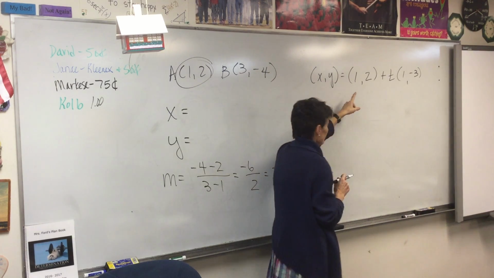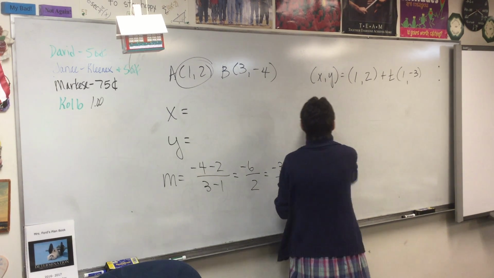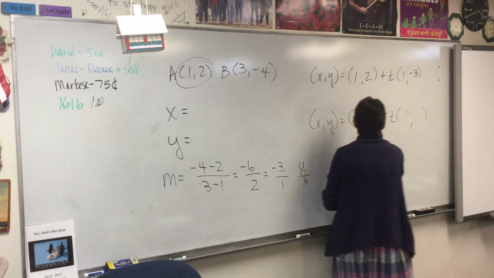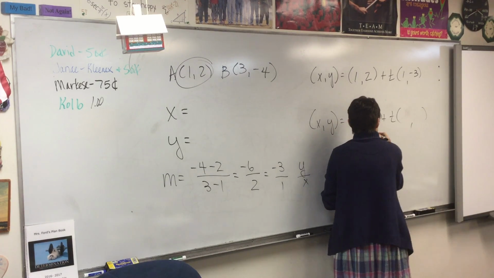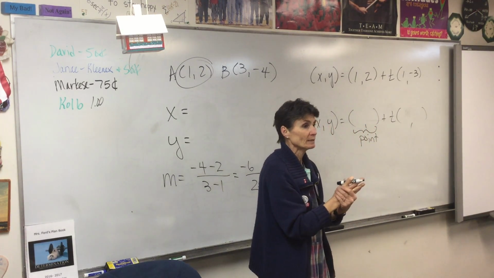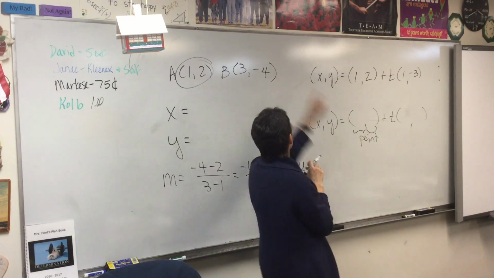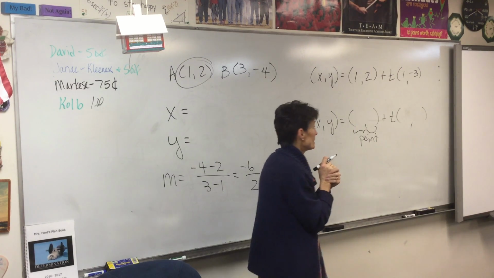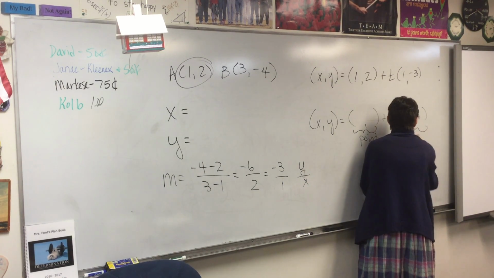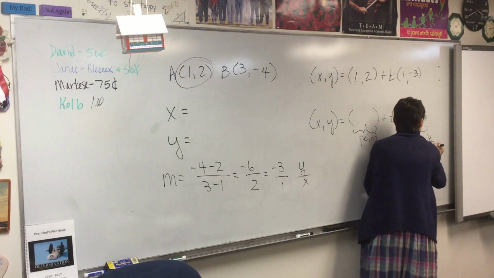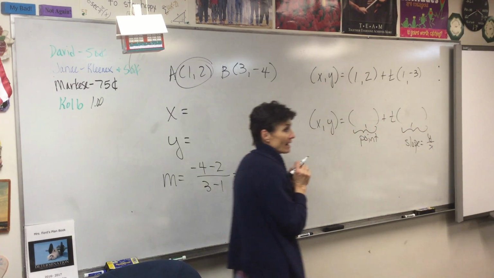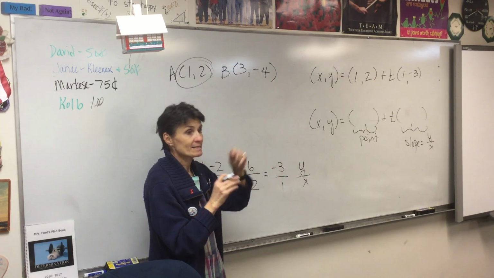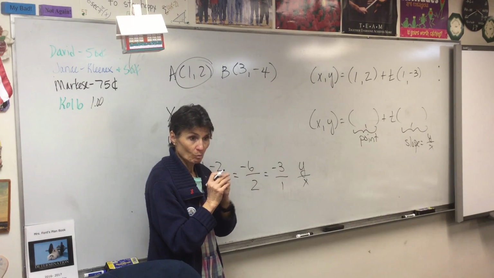So in this first parentheses, you're always going to have this setup, kids. And in this first goes the point. You are going to pick a point. Every time you write a line, you're picking a point. So we picked that one. Could have picked the other one, makes zero difference. Here goes your slope. But you've got to remember that slope is y over x. So if the slope is -3/1, then y is -3 and x is 1.